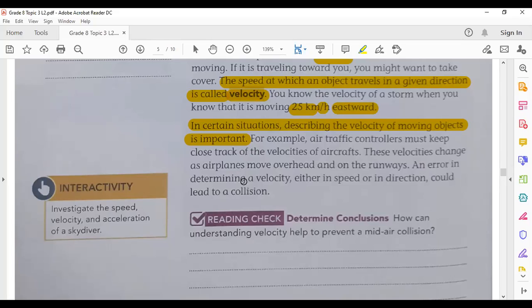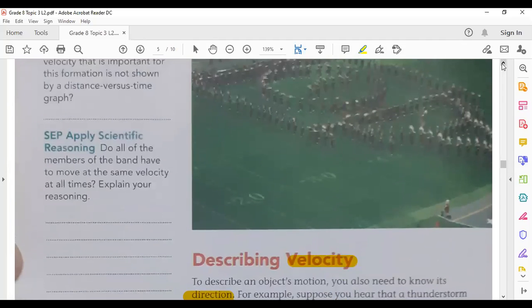An error in determining a velocity, either in speed or in direction, could lead to a collision. So the controllers need to determine both speed and direction. Is it clear? That's everything about speed and velocity.